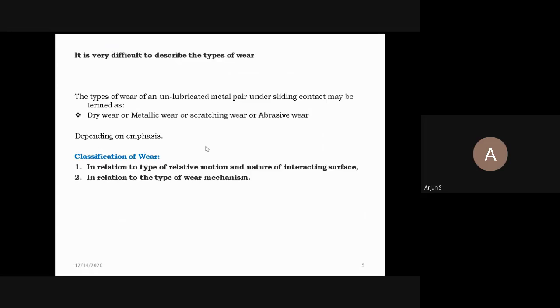In each type, we can have different varieties of wear.